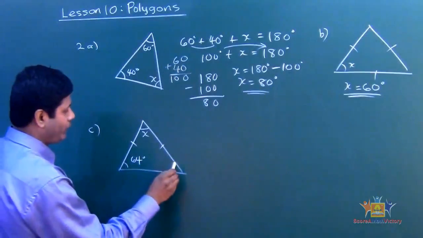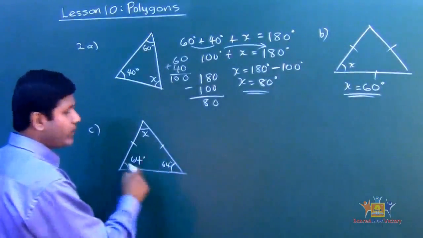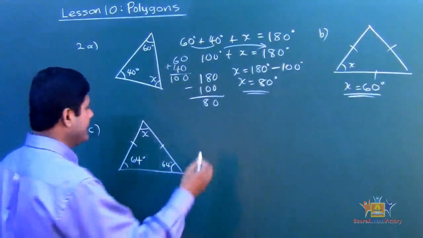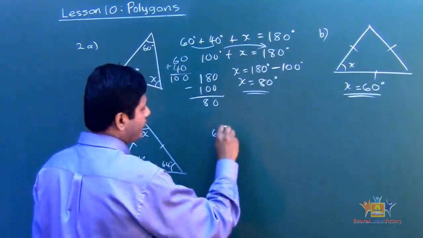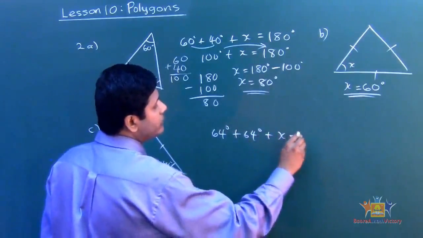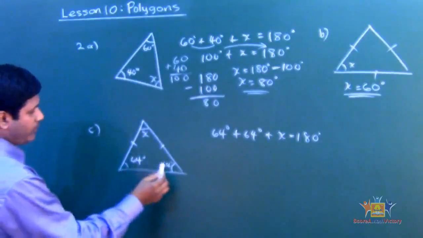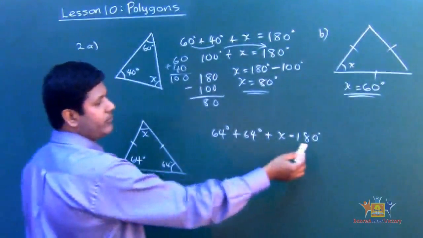Also 64. That means the total is 180, so 64 degrees plus 64 degrees plus x equals 180.